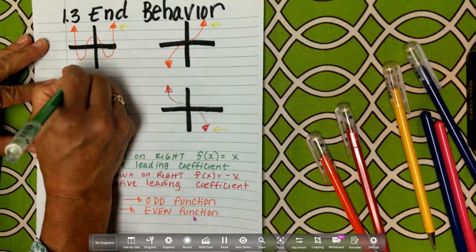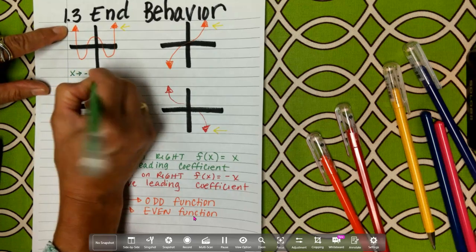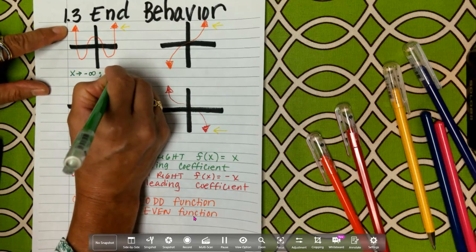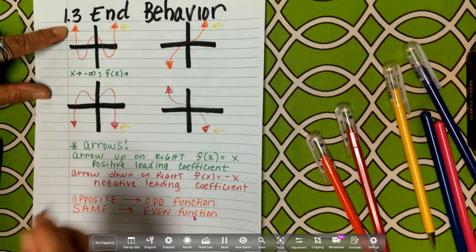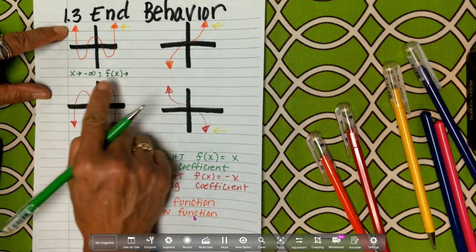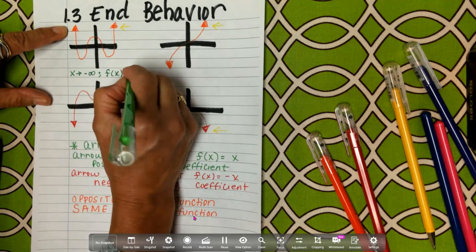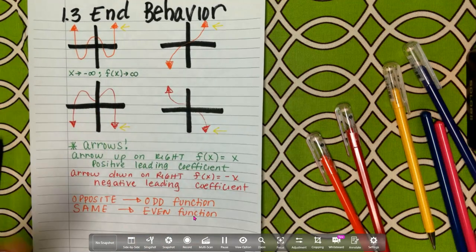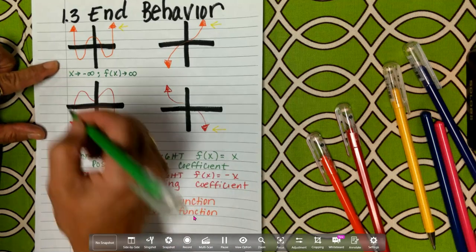So as my x approaches negative infinity, then this function is going higher and higher and higher. So the lower my inputs, the higher my outputs. So that's approaching positive infinity on the left arrow.